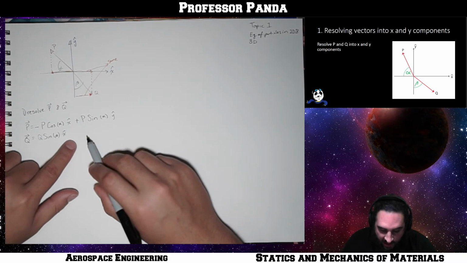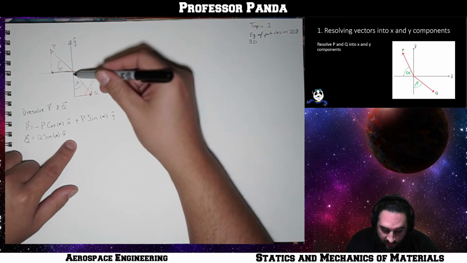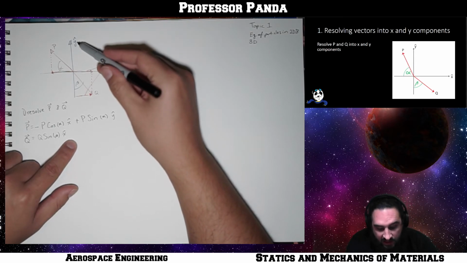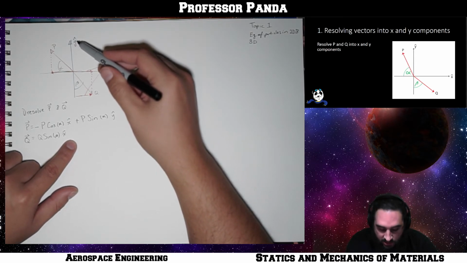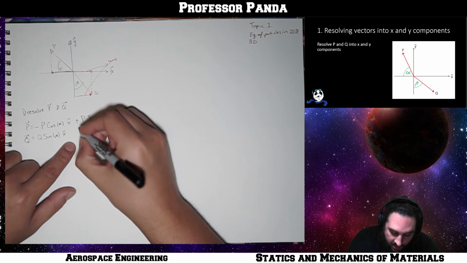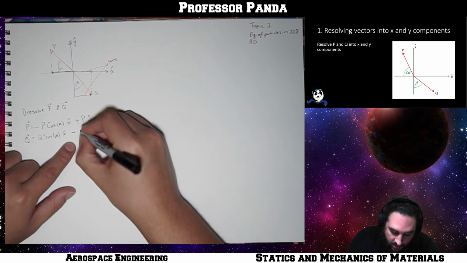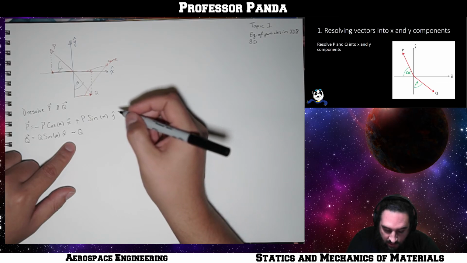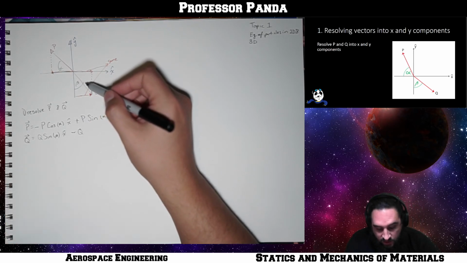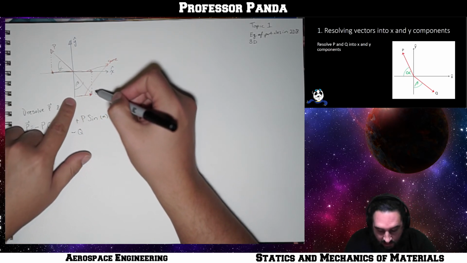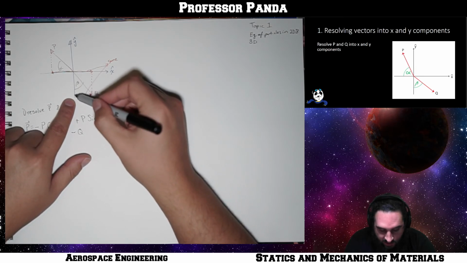Okay. Now we move on to the y-axis. Q is definitely pointing downward against the positive y direction. So that will receive a negative Q. And we want the adjacent side of beta onto the axis y.